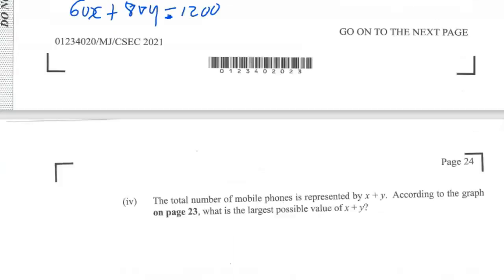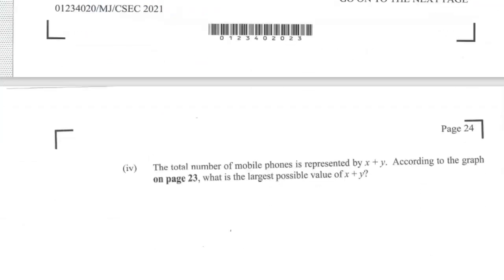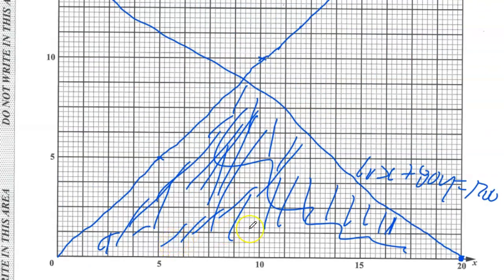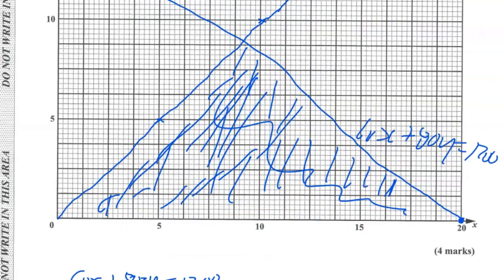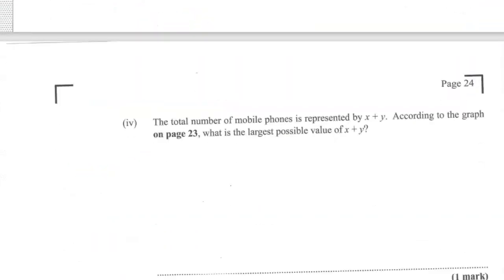Alright, there's another section to the question. So it's a shaded region, right? The total number of mobile phones is represented by x plus y.